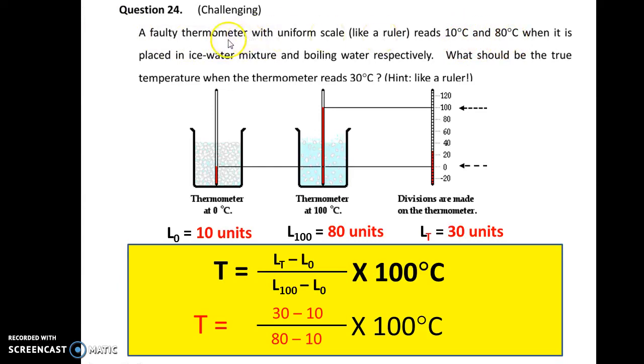However, the thermometer looks like a ruler, and so we may take it as 10 units of length, 80 units of length, and finally when the thermometer is put into an unknown temperature, it gives a length of 30 units. In this way, we may apply equation 2 again, taking the 10, 80, and 30 as length of liquid column. And so you may also find the unknown temperature T.